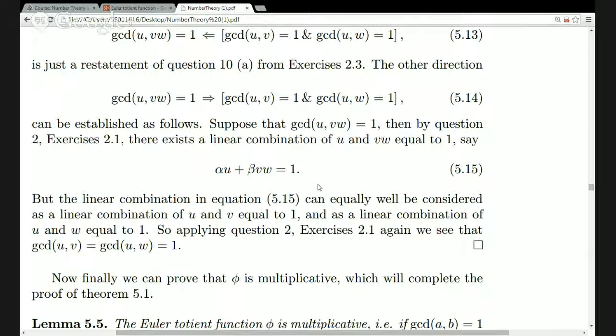So we are also looking at a linear combination of u and v equal to 1. So that means u and v are coprime. But simultaneously, we're looking at a linear combination of u and w equal to 1. So therefore, u and w are coprime. So using this result that being coprime is the same as having a linear combination equal to 1, that's true from exercises 2.1. That means that u is coprime to v times w. It is also coprime to v and w individually.